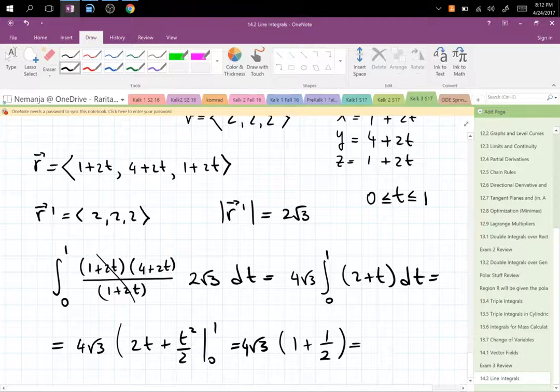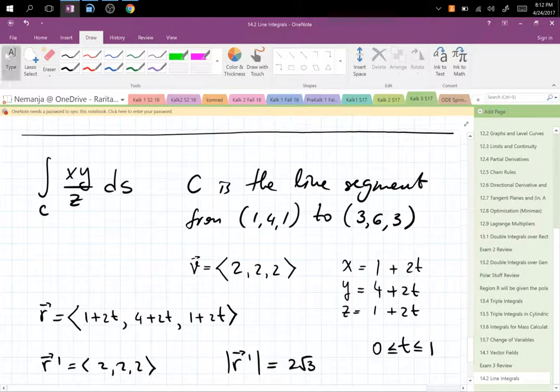That's 5/2. 4 times 5/2 is 10, so ten root 3. Are we good on 10 root 3?